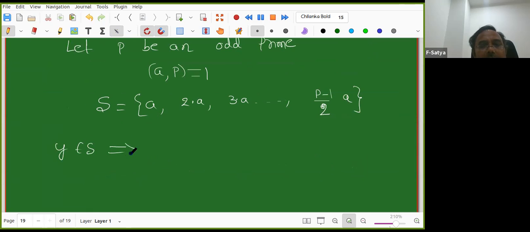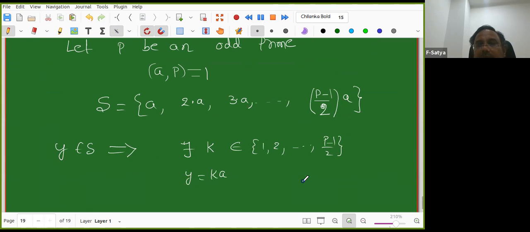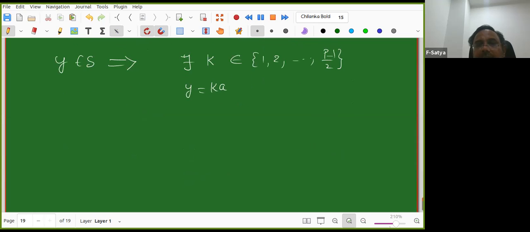How does it look? Y is in S means there exists a k belonging to 1, 2 up to (p minus 1) by 2 such that y is equal to ka, correct? So k is varying.